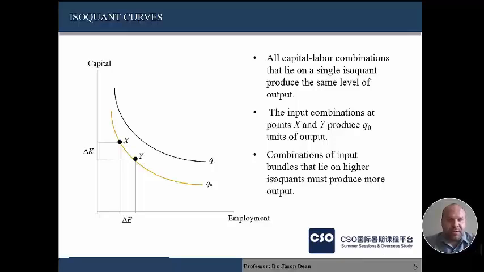Combinations of input bundles that lie on higher isoquants, like Q1, produce more output. So as we move in a northeasterly direction, higher and higher isoquant curves represent higher and higher levels of output. The slope of a line tangent to this curve, as we'll see, measures the marginal rate of technical substitution.